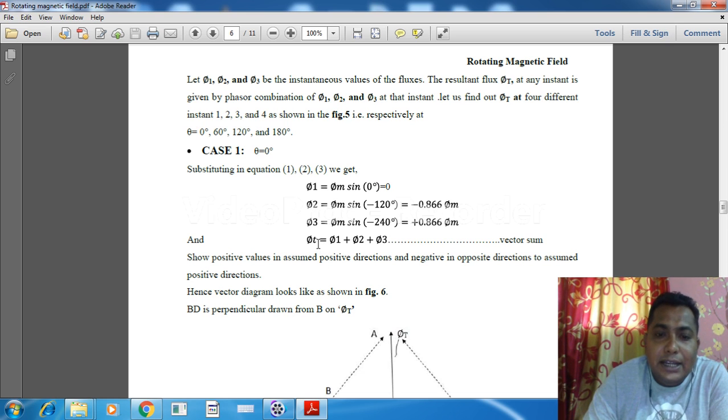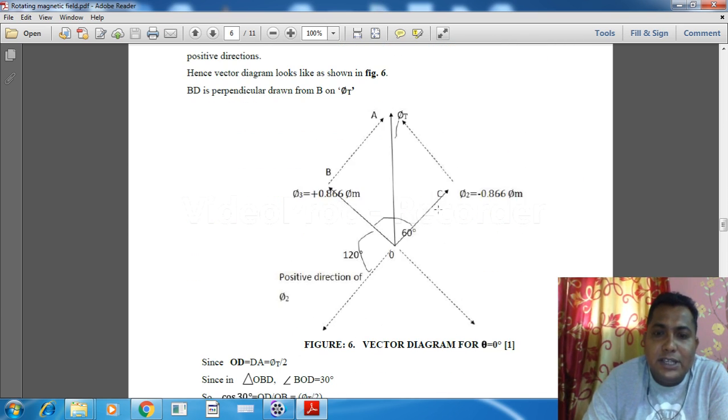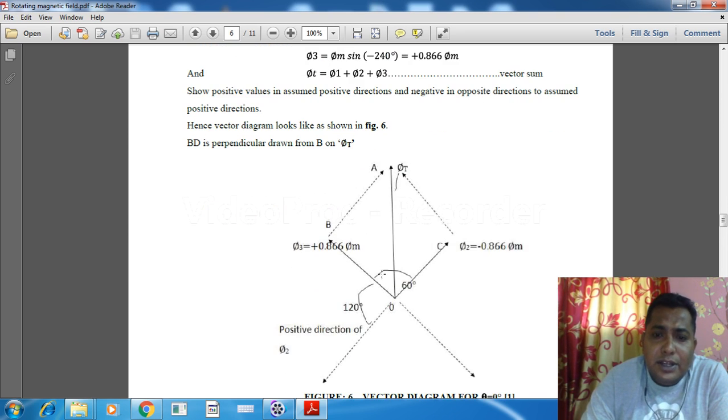Now the resultant flux will be the vector summation of these three fluxes, phi 1, phi 2 and phi 3. This is the diagram where this is the phi 3 axis, this is the phi 2 axis, and the phi 1 axis is not present over here, as it has no angle. So the resultant of these two is this one.